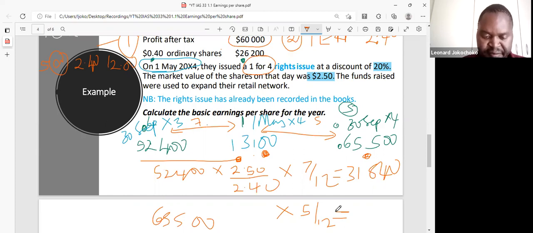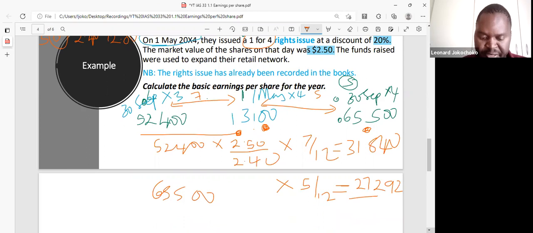So we say 65,500 times 5 over 12, that gives you 27,292. Therefore, my weighted average number of shares is 31,840 plus 27,292. That is 59,132.